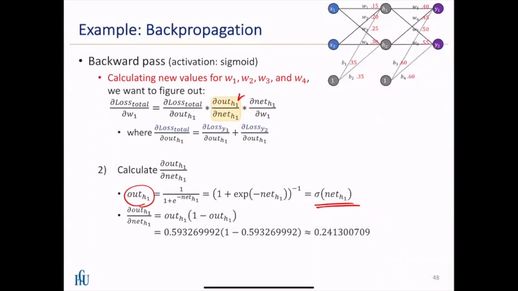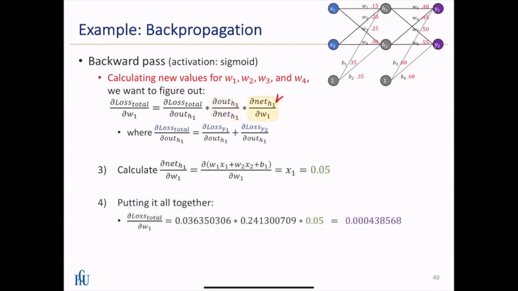If you take the derivative, it is the output of H1 multiplied by 1 minus the output of H1. So plugging in those quantities that we know from the previous calculation, you can easily get this quantity. So that is the value for the second factor in the yellow box now.